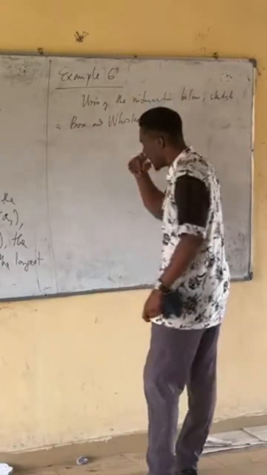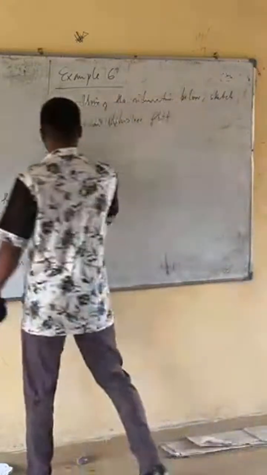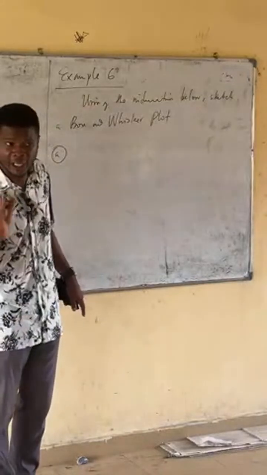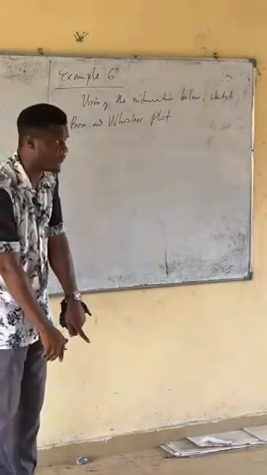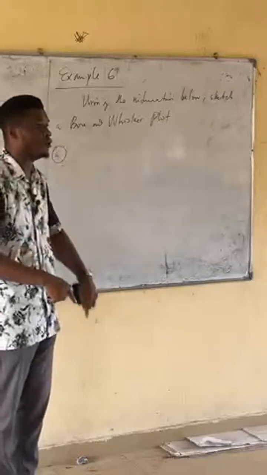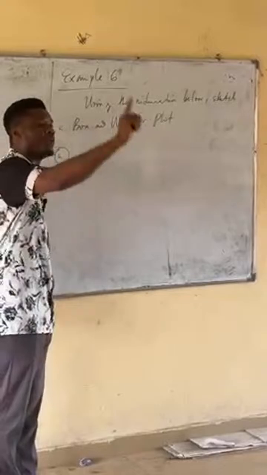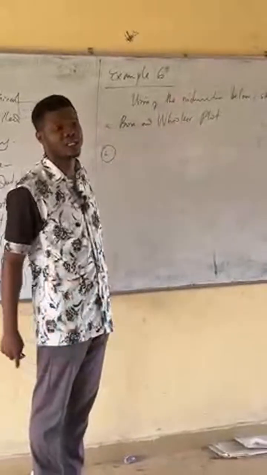Sketch a box and whisker plot. A is for me, B is for you. Are you hearing me? That's where our class will end for today. But A, I will do it. B, you will do it, and I will go around, starting from here to the boys' quarter. I want to see what you guys are doing.